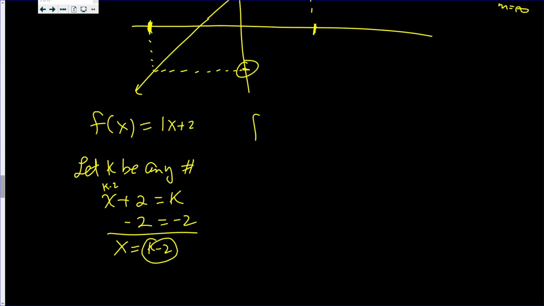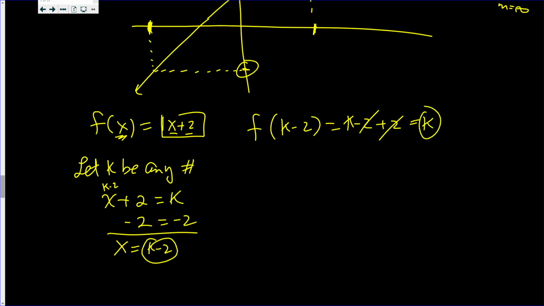Who knows? Maybe I'm wrong. F of k minus 2. This says to take what's in the bracket and add 2 to it. Okay, I take what's in the brackets, I add 2 to it. Now I do math and I say, oh, that cancels. Oh, yeah, I do get back k.